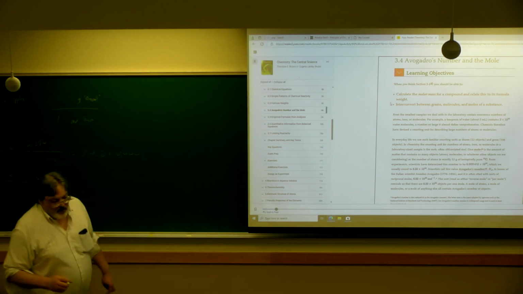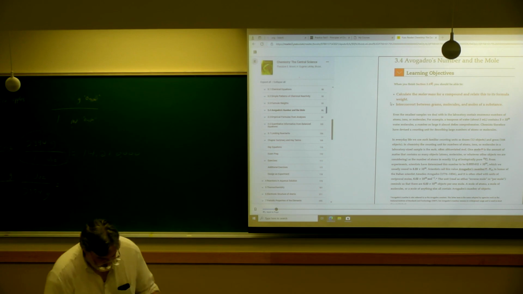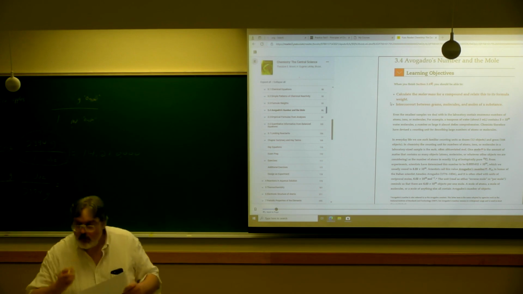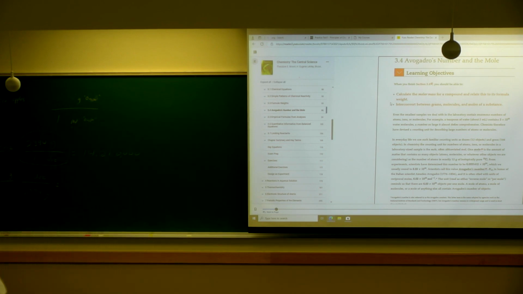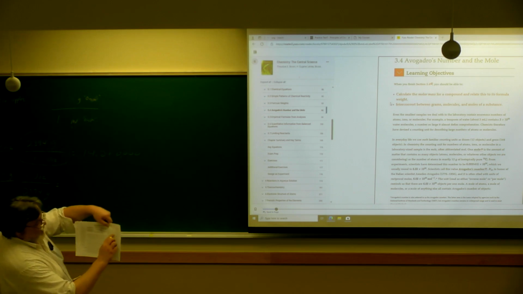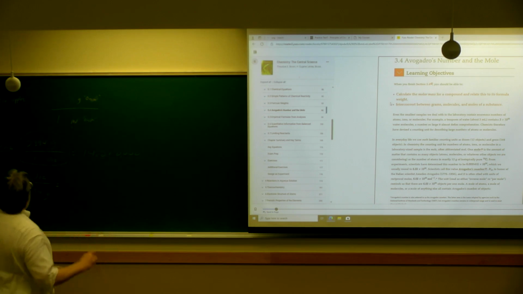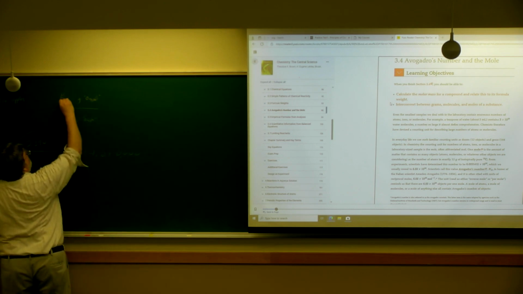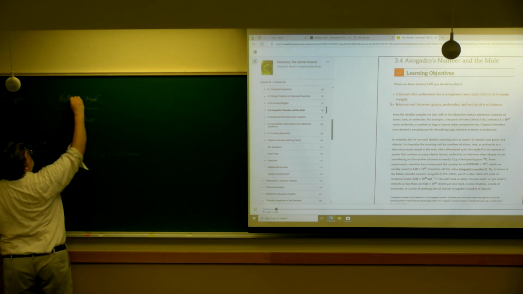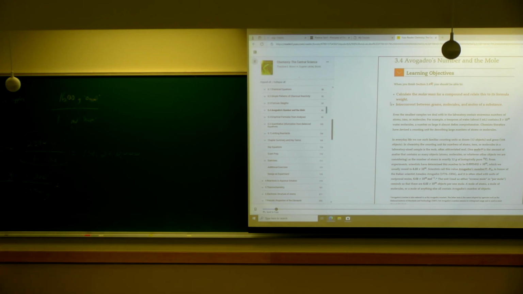If you look at the periodic table, the ones I gave you, I guess they have them up there too. 16. So that 16 that you see for the oxygen, 16 grams per mole.